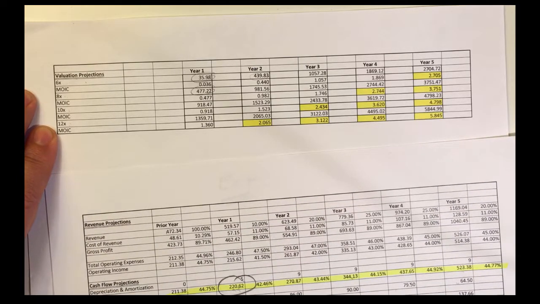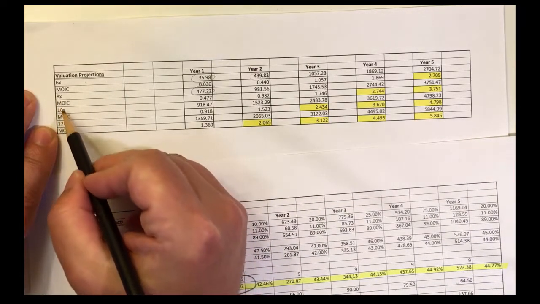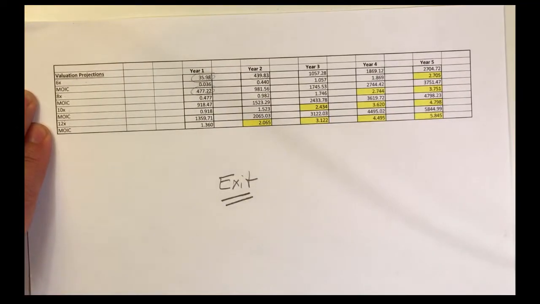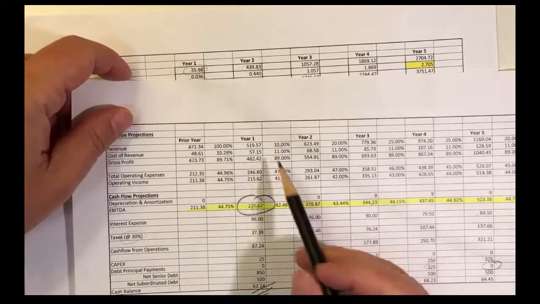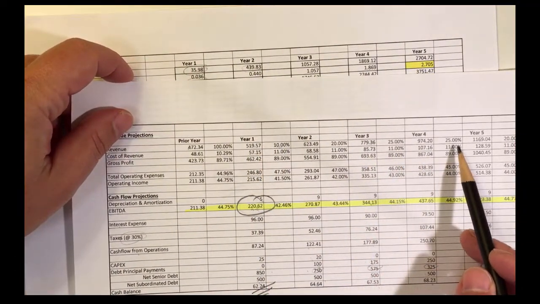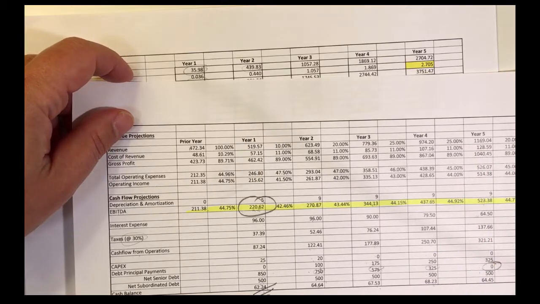Now, the other big driver, of course, is what the multiple is, right? So why would we think the multiple would change? Well, remember in our projections, we showed very significant growth for the first couple of years, and then it starts to tail off.